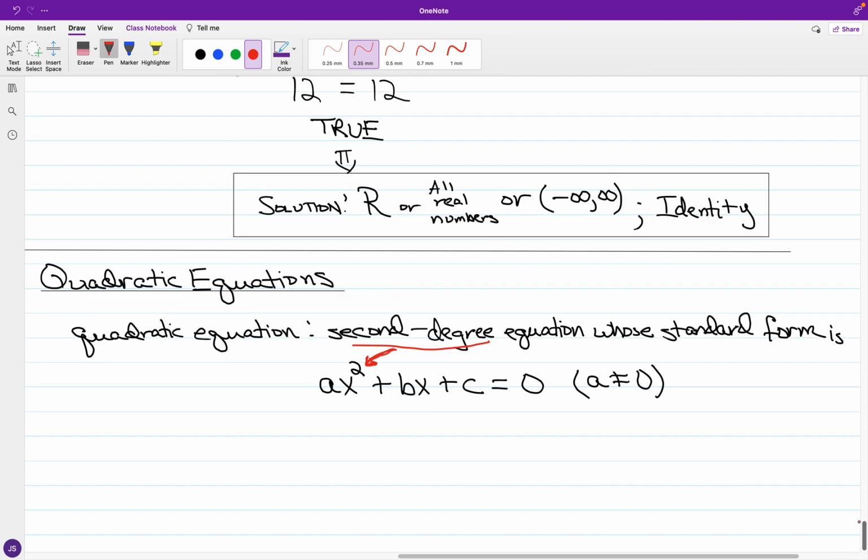Okay. And now there are various routes that can be taken in terms of solving quadratic equations, and an introductory one is what is referred to as the zero product property.